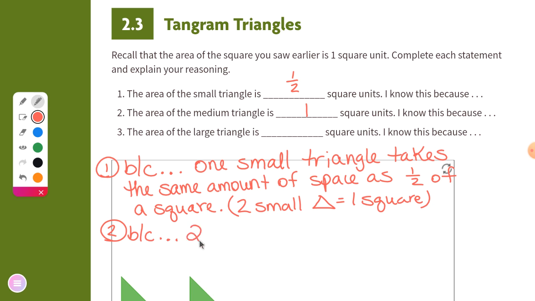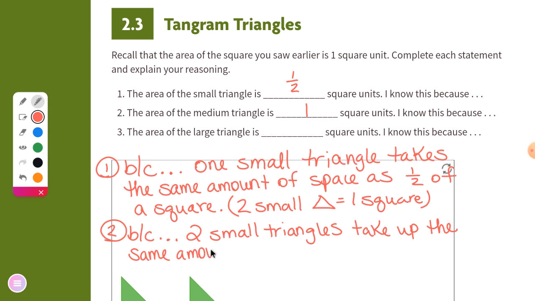Because 2 small triangles take up the same amount of space as 1 medium, and 1/2 plus 1/2 equals 1.